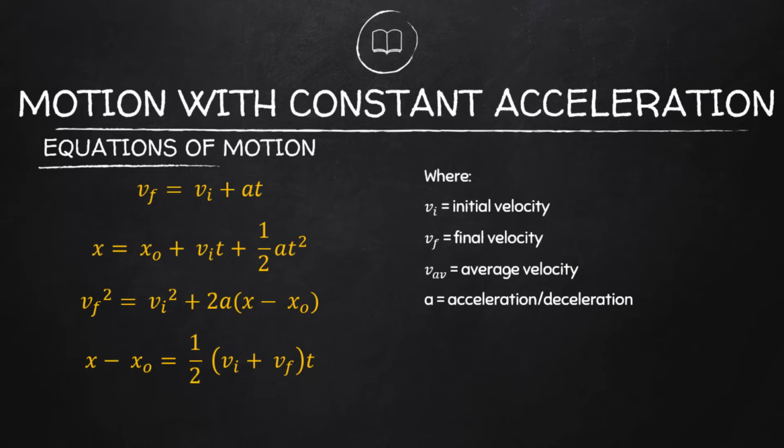And if that is deceleration, it would have its negative value. T is the time elapsed or time interval that you are considering. X is the distance or displacement of the object at the end of the time interval. And X sub 0 is just the initial position of the object that we are considering prior to its start of motion.